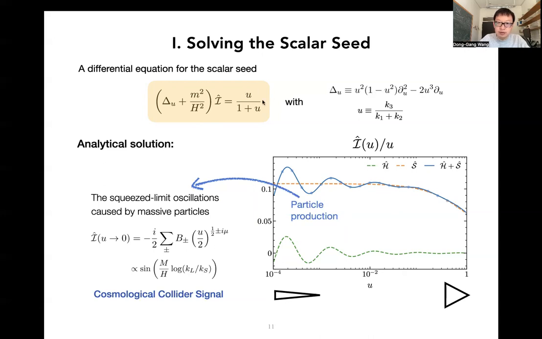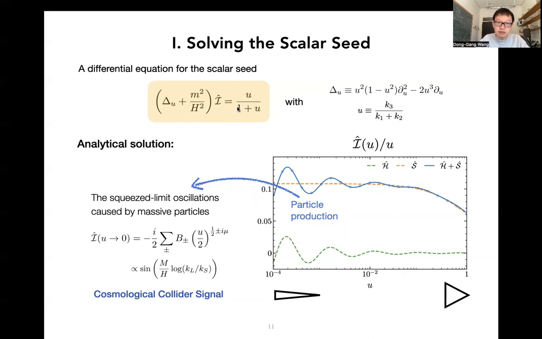Here we are using this u parameter, this momentum ratio, as our variable. And we found this differential equation is just a second order ODE, which is only for the de Sitter boundary.